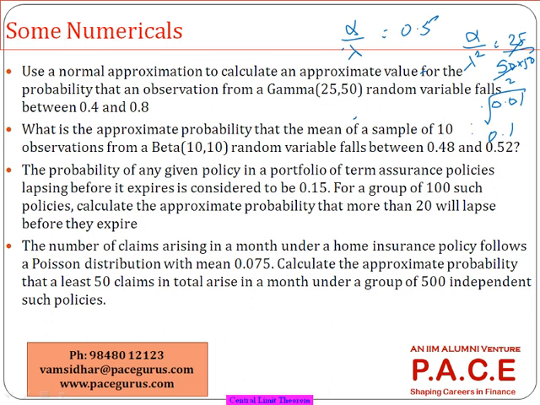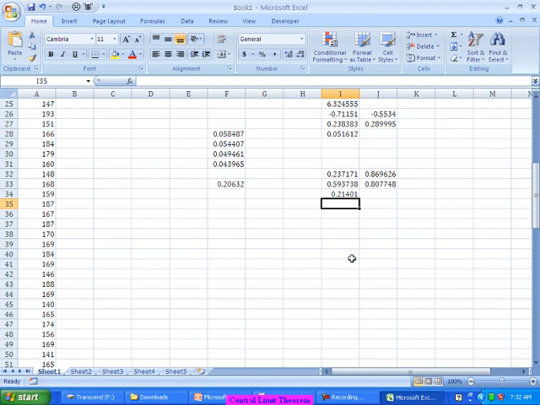Now, based on that, I can find the probability that a random variable falls between 0.4 and 0.8. Convert it into a standard normal: 0.4 minus 0.5, where the mean is 0.5, divided by the standard deviation 0.1, and the second, 0.8 minus 0.5 divided by 0.1.